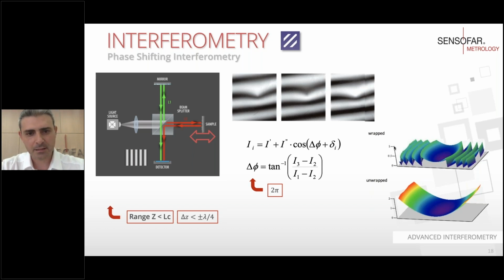So we have an intensity that equals a background called I prime plus I second prime, that is the amplitude of the interferences, multiplied by the cosine of the phase difference. And now we apply what we call delta I, that equals a phase displacement.